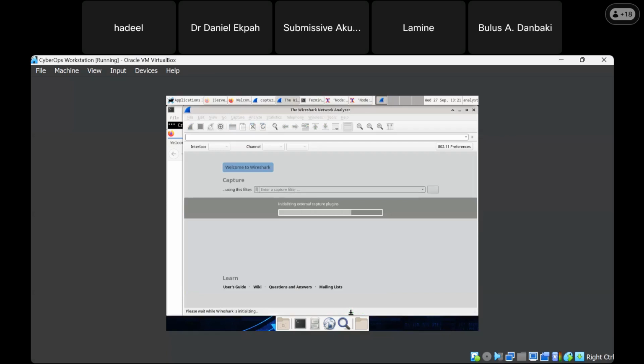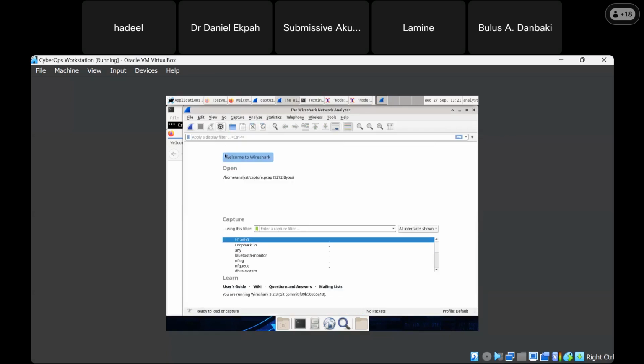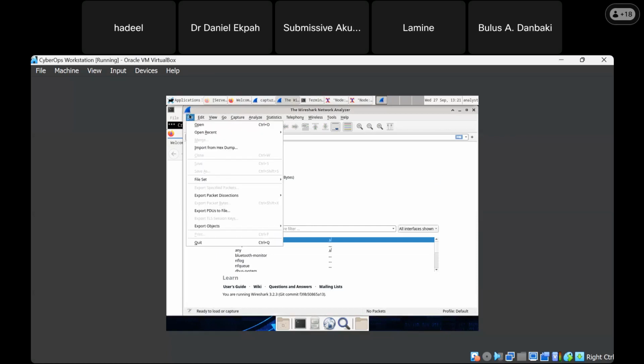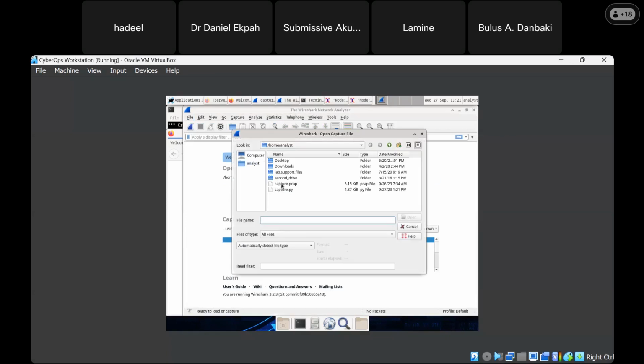So that will now pop up. Were you able to get it to this stage? Then you go to your file, and you open, of course, you see this, and then you open this.